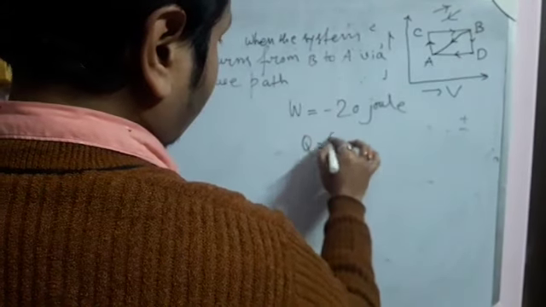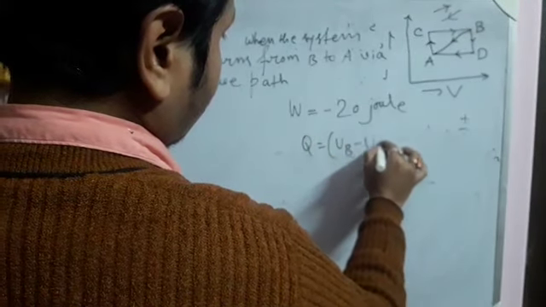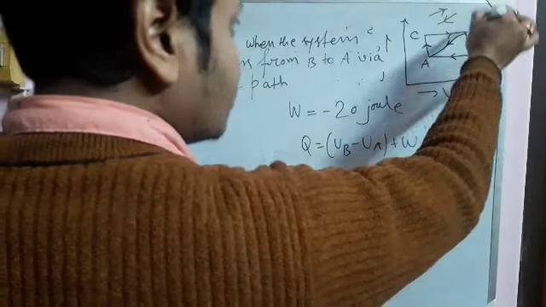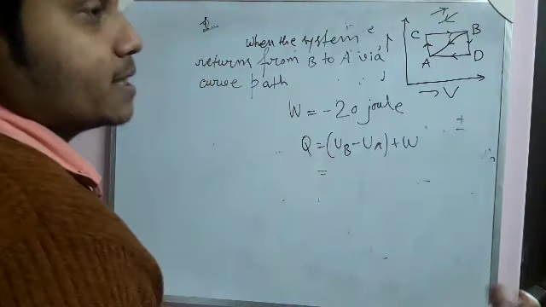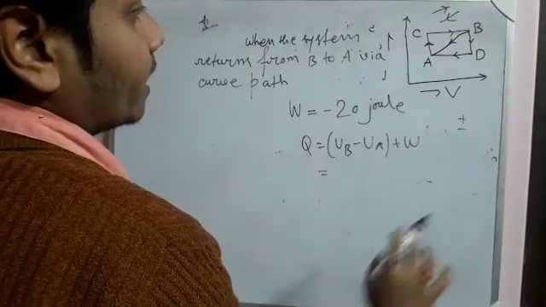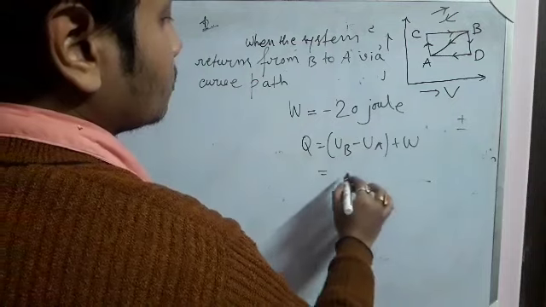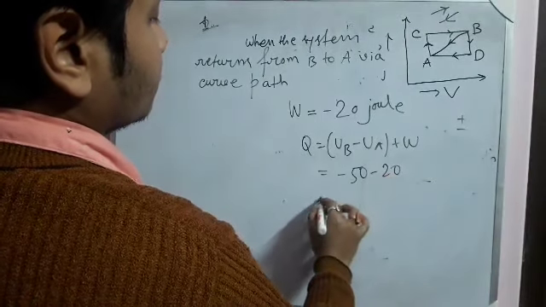For the curved path from B to A, we can write Q is UB minus UA plus W, but here the system returns from B to A, that means we take internal energy also negative. Previously we found the internal energy 50 joule, here we take minus 50, and W is minus 20.